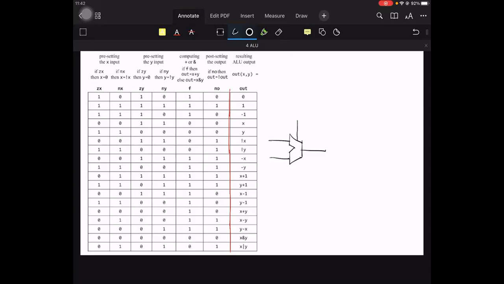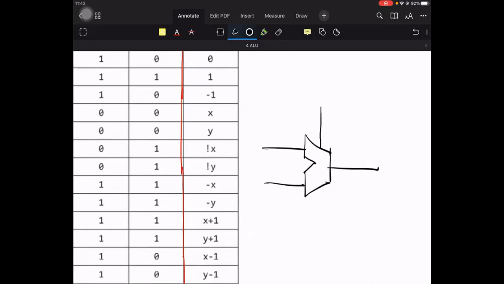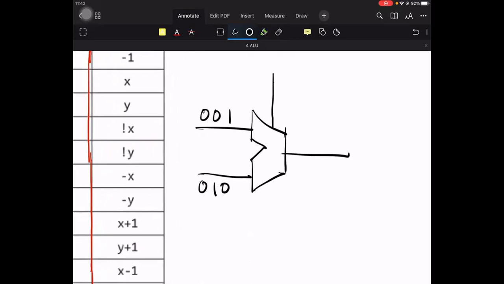Let's say for example, the input is 0, 0, 1, just 3 bits, and the other input is 0, 1, 0. If we want our ALU to perform an addition, this is X, this is Y, meaning we want it to perform addition, X plus Y, and our desired output is 0, 1, 1, right?